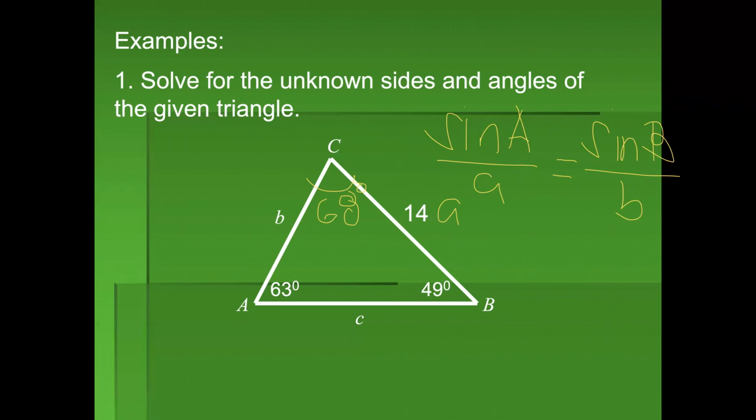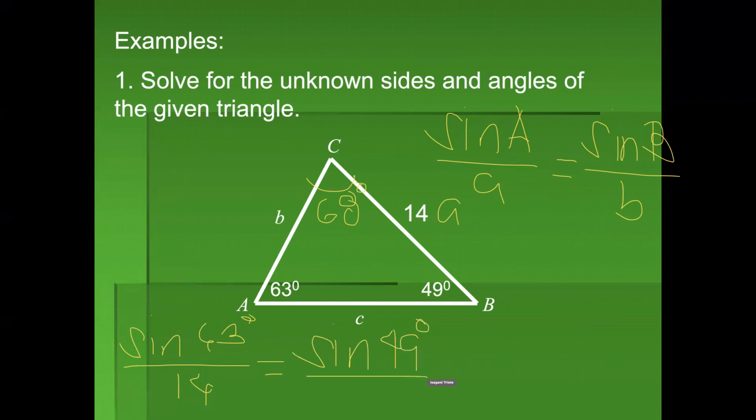So we'll have sine A, wherein angle A is 63, over the given side, which is 14, equals sine B, which is 49, all over the unknown side, which is B. And then we can just cross multiply that to continue the solution.